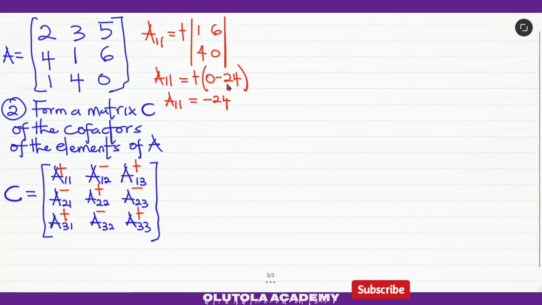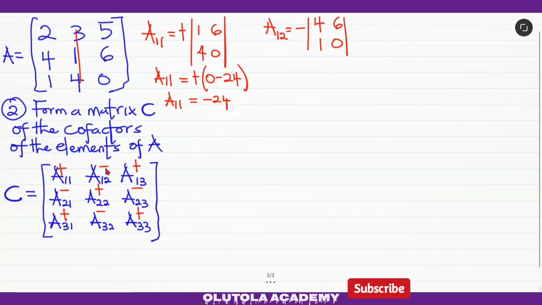So I go on again. A12 here is negative. So negative, then I close up this row and this column. So what I will have is 4, 6, 1, 0. So I will put that in there, 4, 6, 1, 0, by closing up this and this.